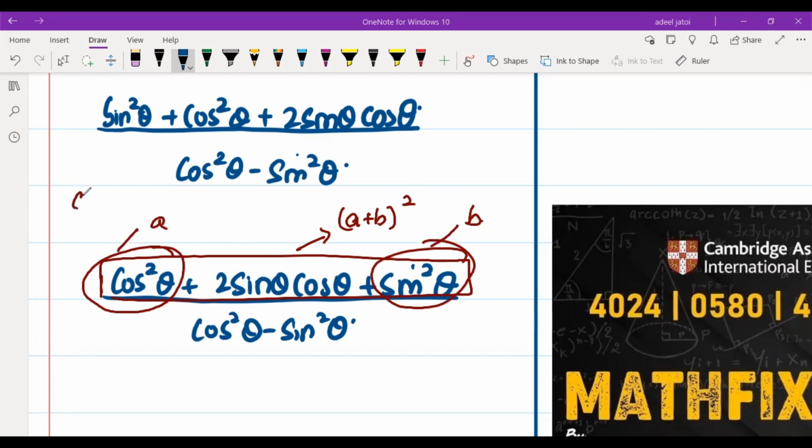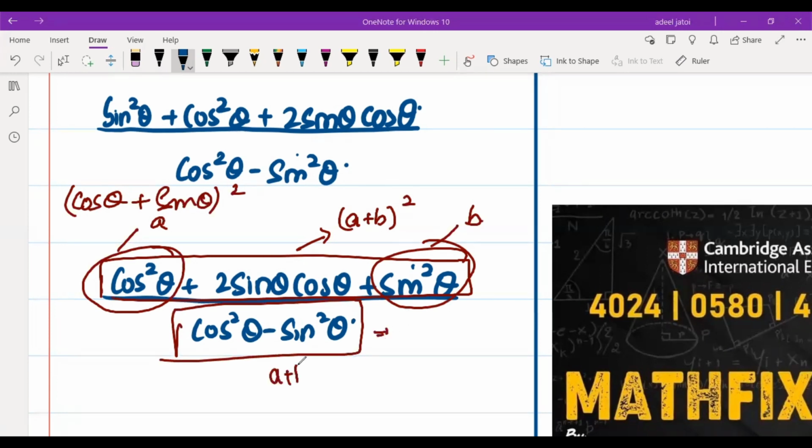So this should be cos theta plus sin theta whole square. And the denominator can be changed using a square minus b square, which is a plus b and a minus b. So that means that cos square theta minus sin square theta can be changed to cos theta plus sin theta and cos theta minus sin theta.